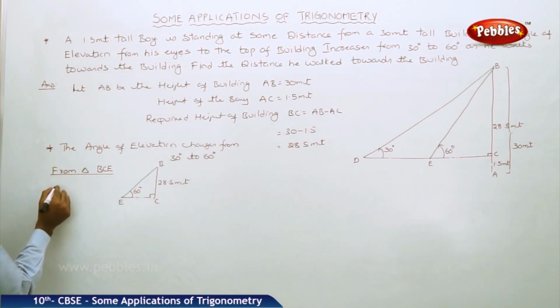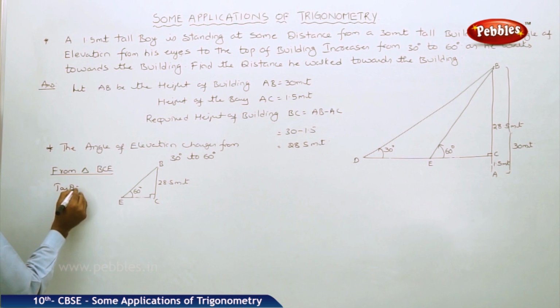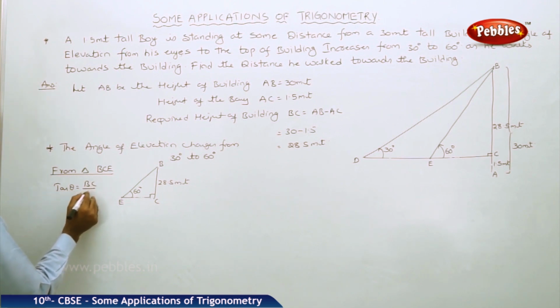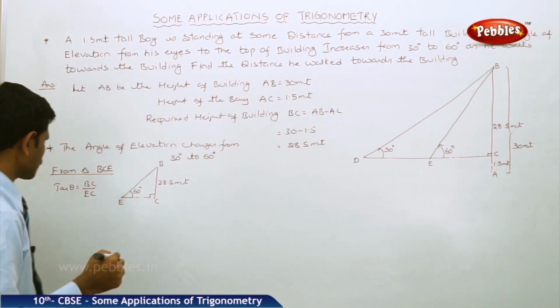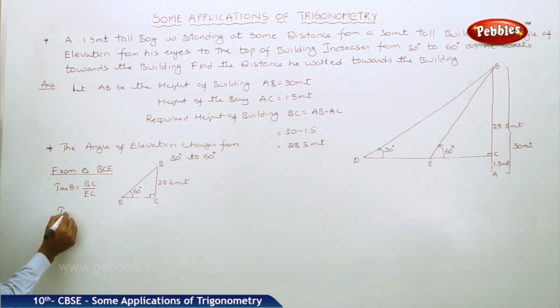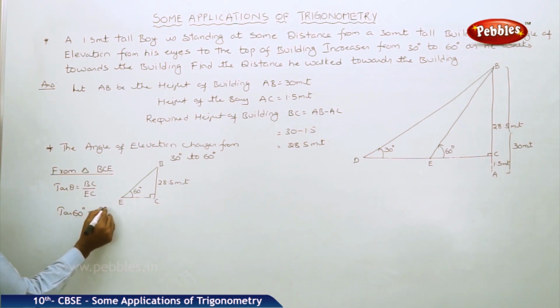Now tan theta is equal to opposite side BC by adjacent side EC. So tan 60 degrees is equal to BC value 28.5 by EC, which we have to find out.